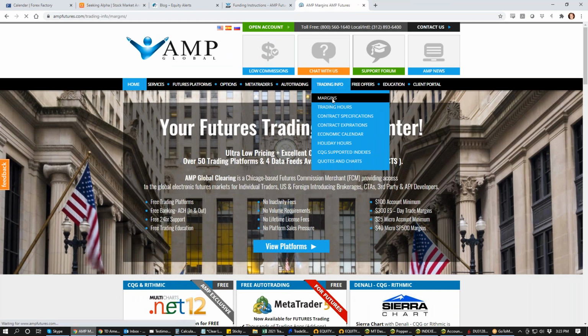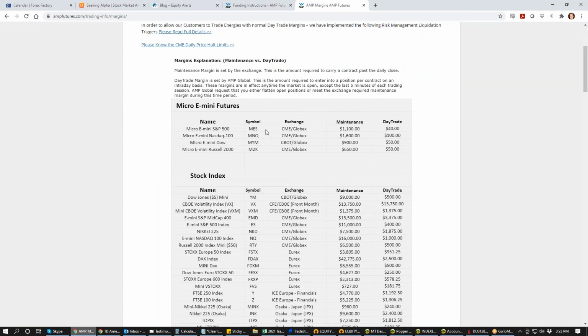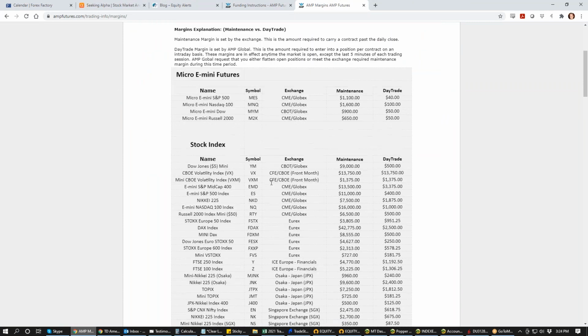Margins. There you go. Here you go. S&P day trade you need 400, but if you're going to hold overnight, you need 11,000. See, it's 400 intraday. Micros 40, 1100 for overnight holds.